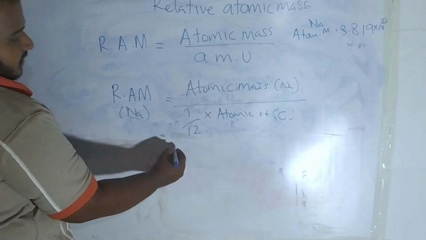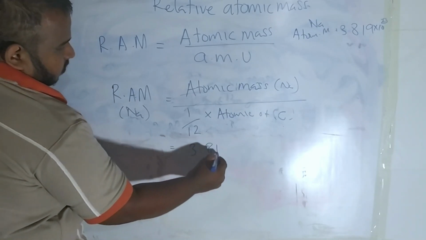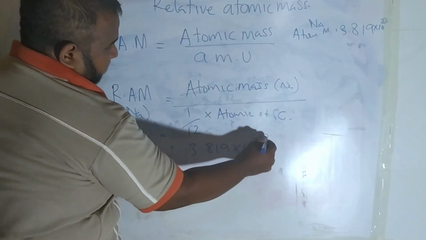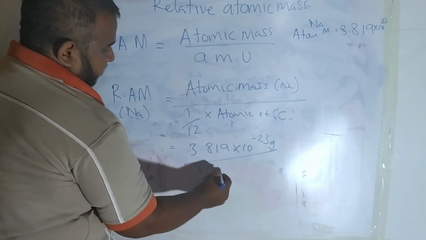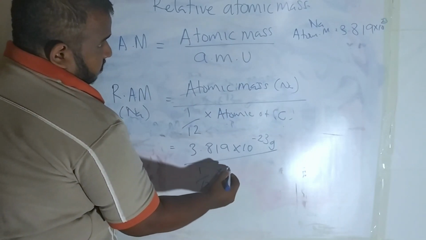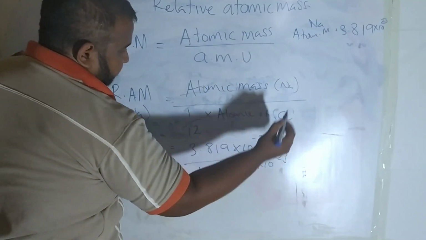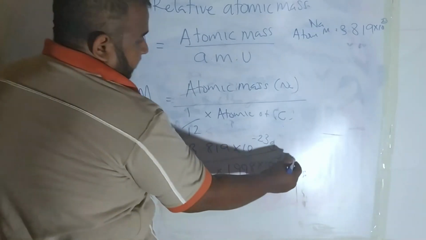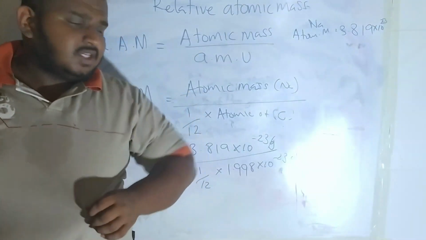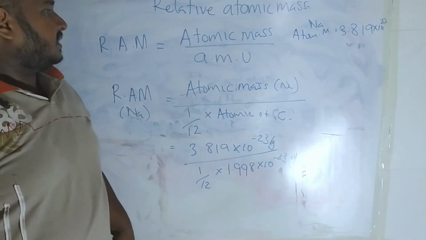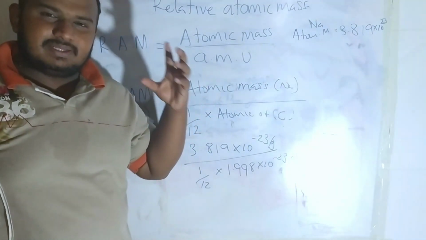So the value will be 3.819 into 10 to the power of minus 23 grams divided by 1 over 12 into 1.998 into 10 to the power of minus 23 grams. So the gram and gram get cancelled and the value will be, as given in the book, 23. So here is a very simple part. Try to combine everything and study, starting from atomic mass.